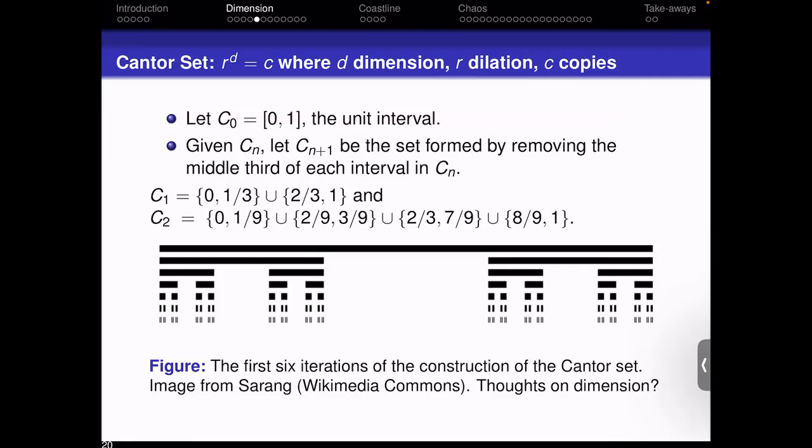Anybody want to guess what would be a good factor to dilate this by so we know how many copies we have, an integer number of copies? So is there anything I could multiply this by so that maybe this part over here would expand out and become a full copy of the whole set? It would be a good thing to multiply by.